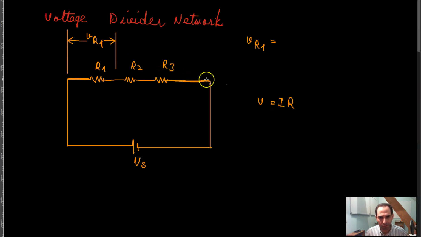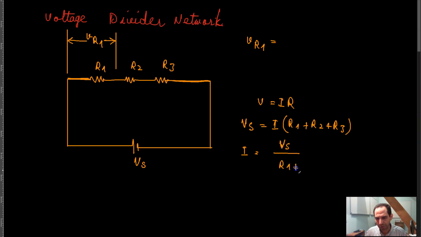For the whole circuit, the equivalent resistance is R1 plus R2 plus R3, and there you have your I, and that would be V of S. So the current going through the circuit is V of S divided by R1 plus R2 plus R3.